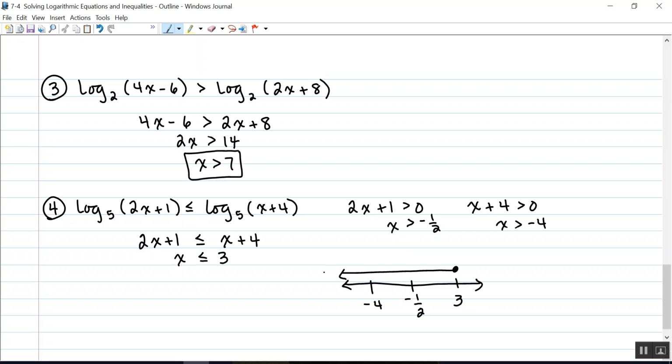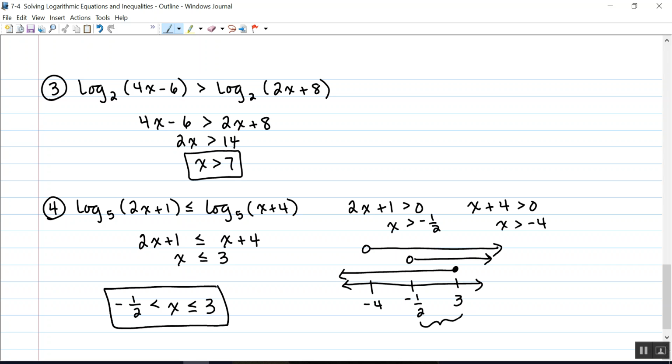But it can't be such a small number that's going to make the stuff in the parentheses 0 or smaller. x has to be greater than negative 1/2, and x has to be greater than negative 4. So where do all three of those graphs overlap each other? And that is in this region right here. So negative 1/2 is less than x, which is less than or equal to 3. And that's my final answer.